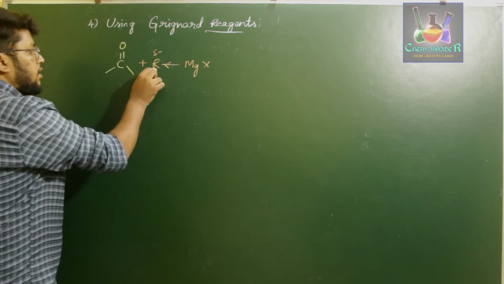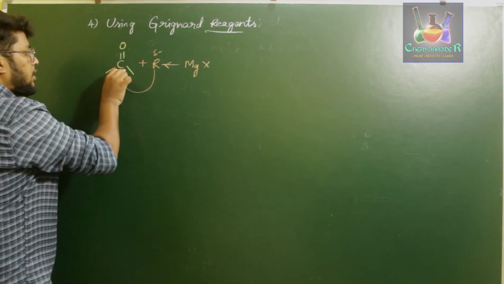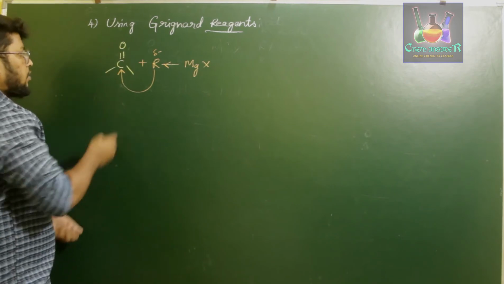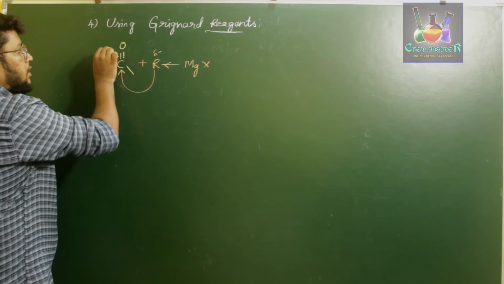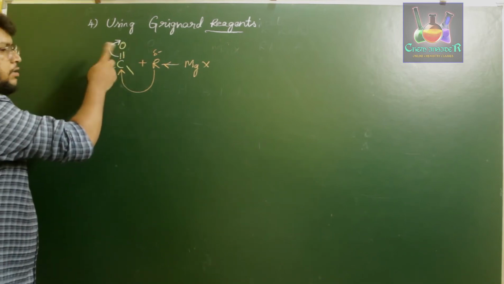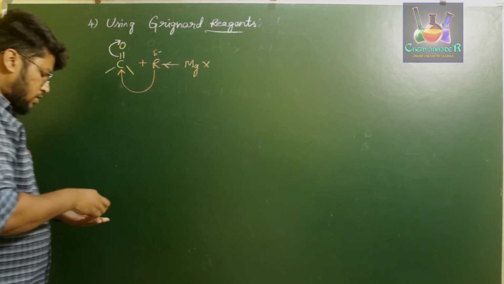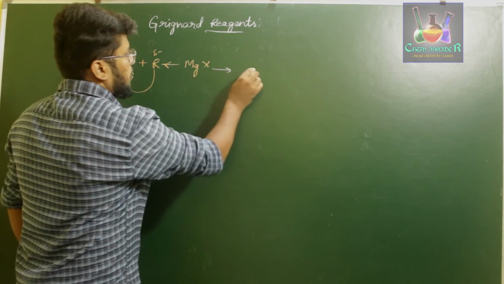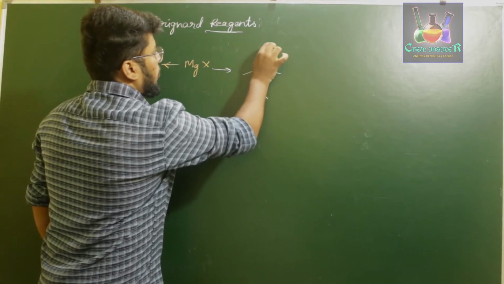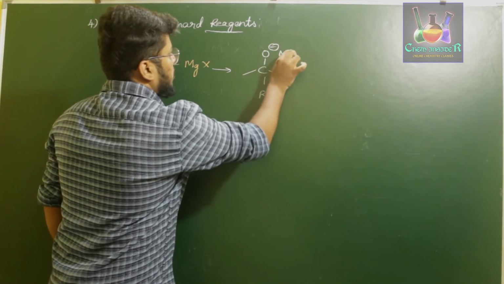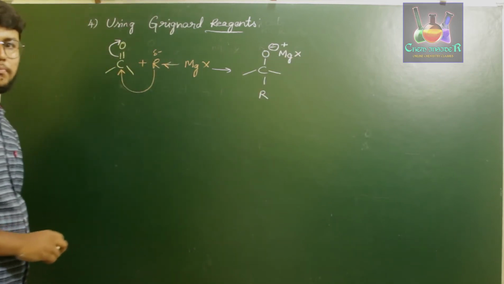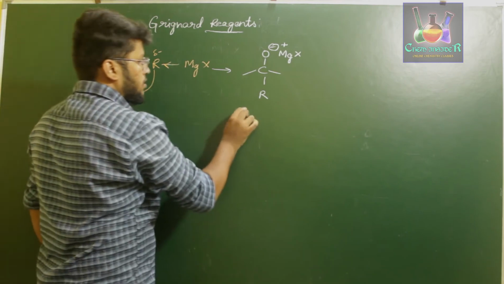Therefore this R group attacks the carbonyl carbon. The double bonded oxygen breaks the double bond and gains a negative charge, which gives us RO minus Mg plus X. This compound formed is called an adduct.